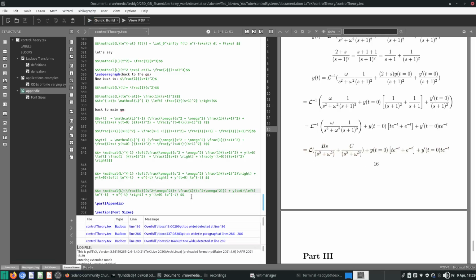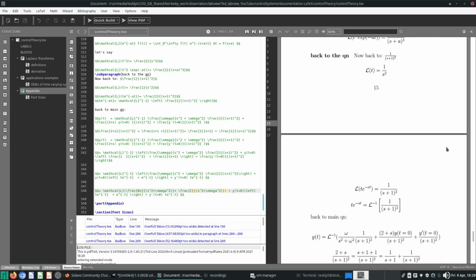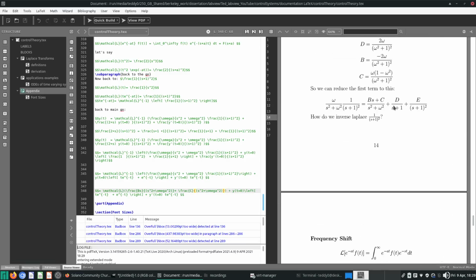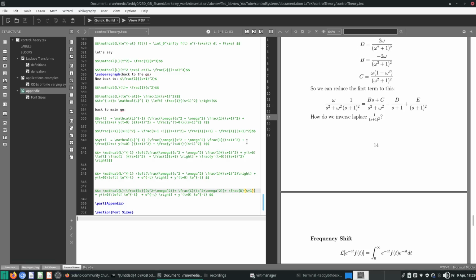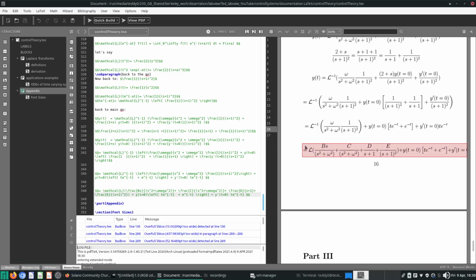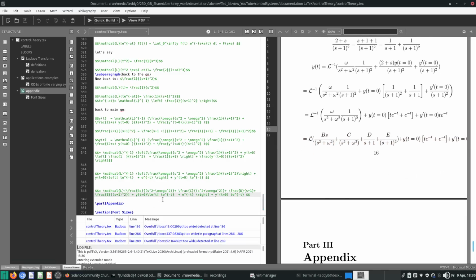Okay, what else do we have? We have two more terms. One is the d term, d over s plus 1, and e over s plus 1 squared. Now, of course, it's spilling off the page, so that's not too good. Let's move it to a new line.